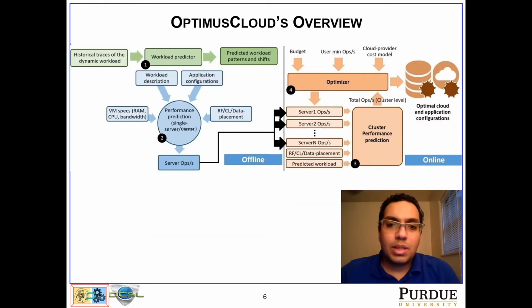And now let's take a quick look at the overview of Optimus Cloud design. The first component in Optimus Cloud is a workload predictor that uses historical traces of the workload, and based on these traces, the workload predictor provides Optimus Cloud with predicted workload patterns for a look-ahead duration.